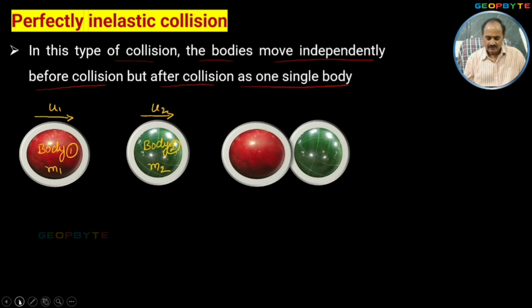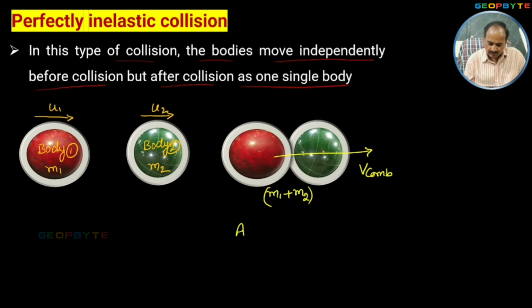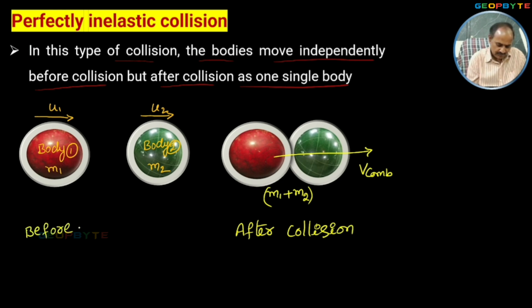After colliding, both move in the form of a single unit with the combined velocity v combined. That means m1 plus m2 together will move as a single unit after collision. Okay, this is before collision, and this is after collision.